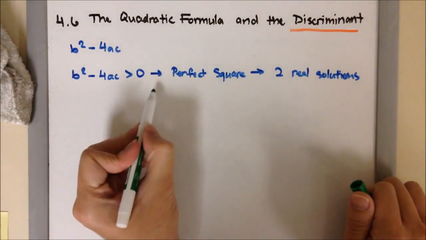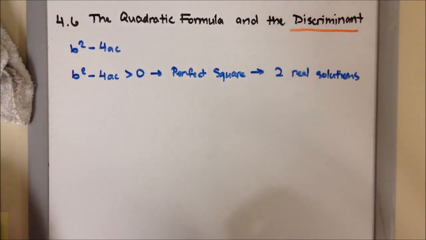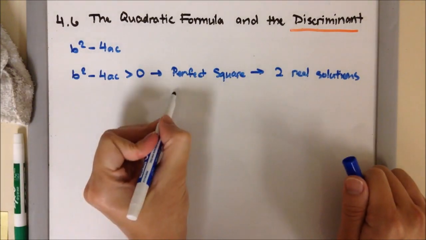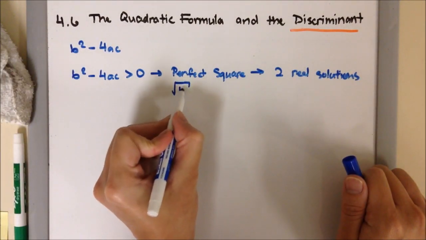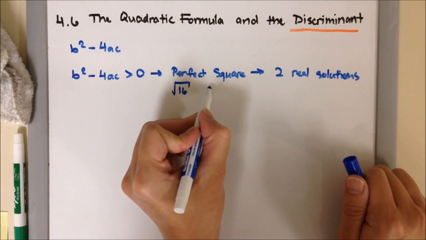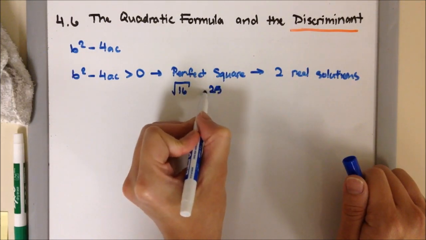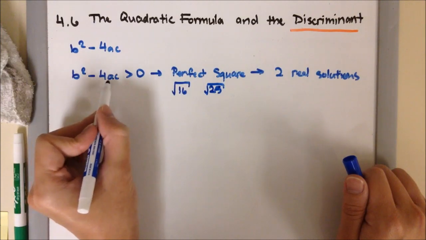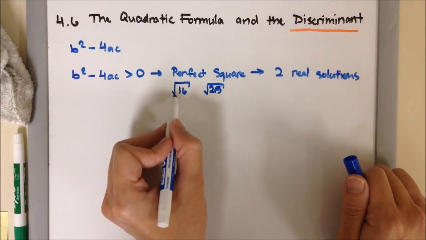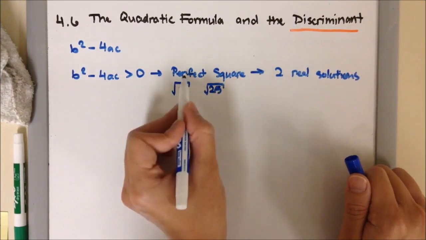An example of a perfect square is like the square root of 16 or the square root of 25. When you plug in b, a, c, and then you come out with square root 16 and square root 25, those are perfect squares.